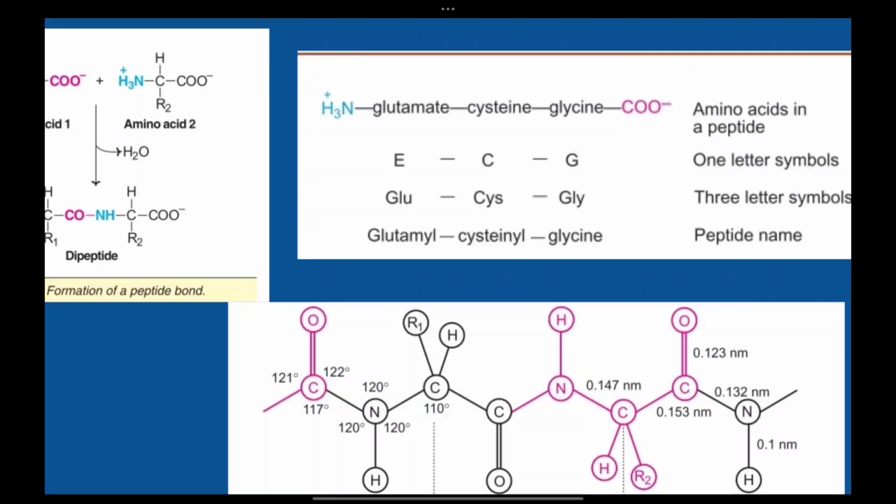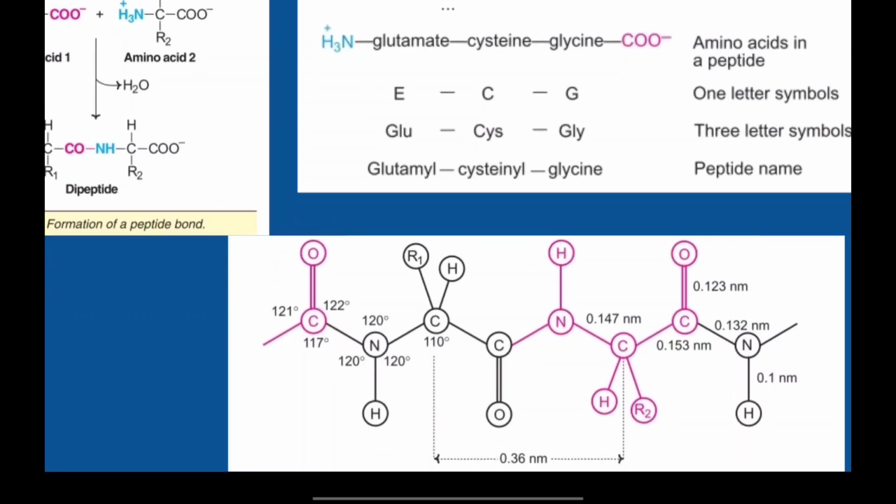Otherwise you can use a 3-letter code: for glutamate it is Glu, cysteine Cys and glycine Gly. Otherwise you can write using the suffixes as glutamyl, cysteinyl, glycine. So you are not going to change the C-terminal suffix. It is going to remain the same.